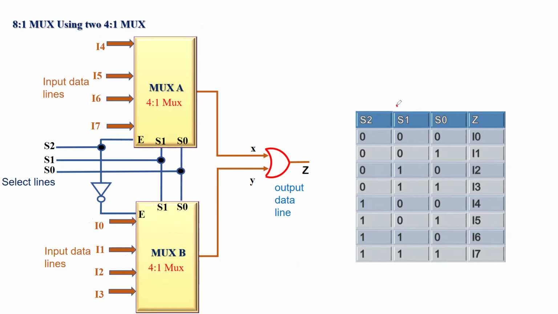So S1 becomes the MSB here and the LSB is S0. Obviously, S2 will always be the MSB if you take the 3 together, and if you take the 2 together, S1 is going to be the MSB.